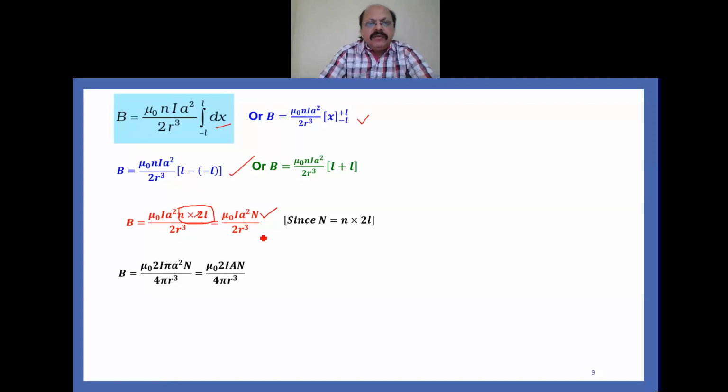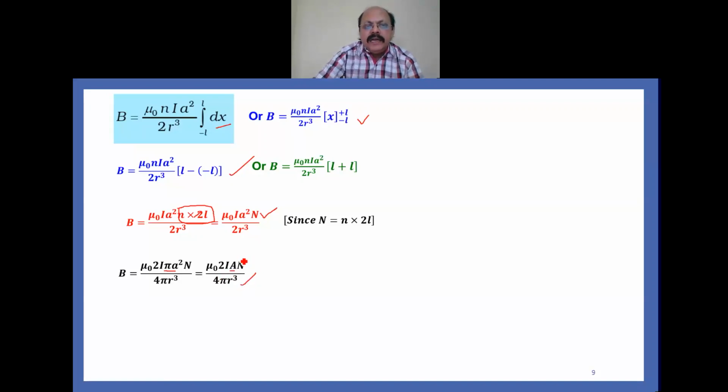So B equal to mu naught 2 I pi a square N upon 2 pi times 2, that is 4 pi r cube. So finally you get mu naught 2 I A N upon 4 pi r cube, where pi a square is the area A.